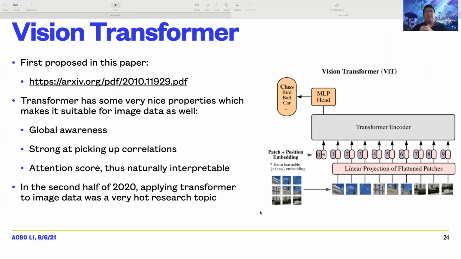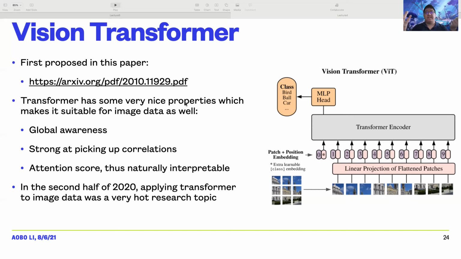Okay, lastly, we will talk about something called a vision transformer. This is a very interesting idea. It was first proposed in this paper, and transformer has some very nice properties which make it suitable for image data as well.